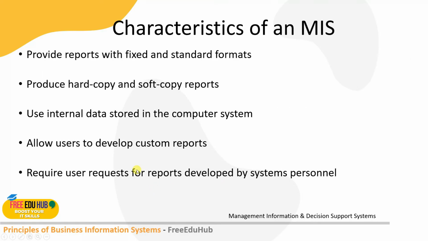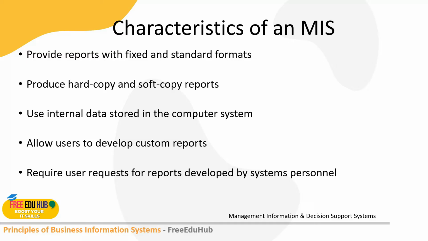Now there are different characteristics of an MIS system. It provides reports with fixed and standard formats. Then it is able to produce hard copy and soft copy. So if there are certain reports that you need to present to the higher management or to the shareholders, you'll have to get a hard copy of it, or if a soft copy is required, the MIS system would be capable of generating those.